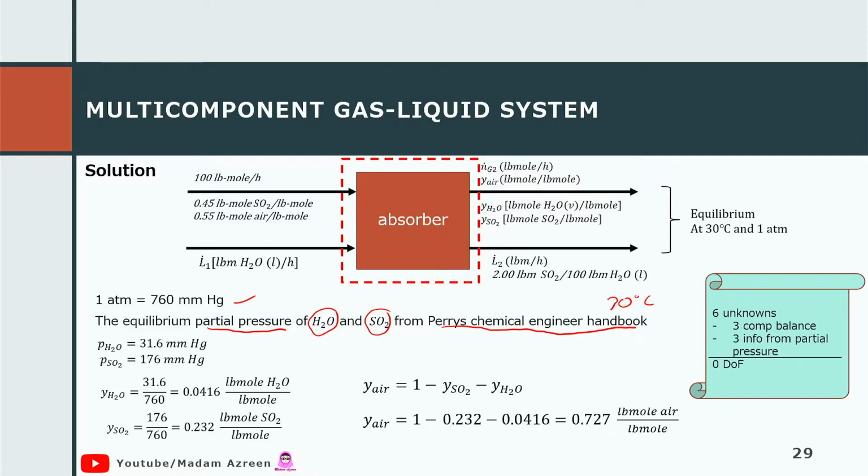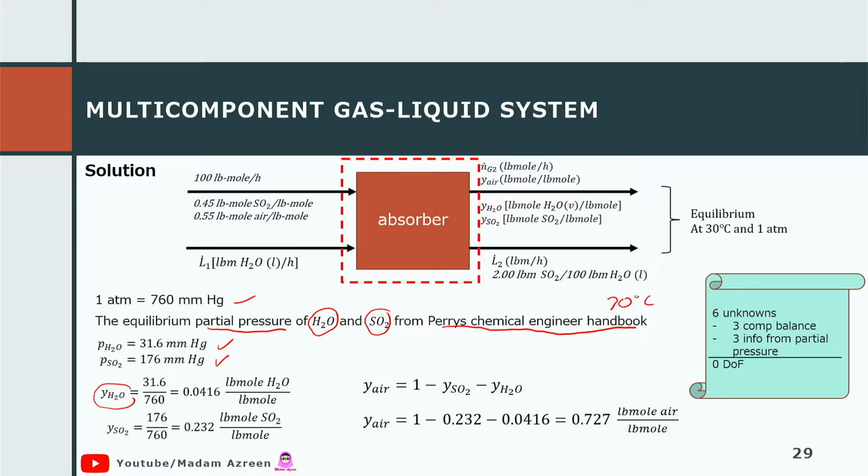Don't worry, if I give you an equation like this, I will provide this data, so you don't have to open the handbook. This is the value of the vapor pressure. From the partial pressure, you can determine the value of y.